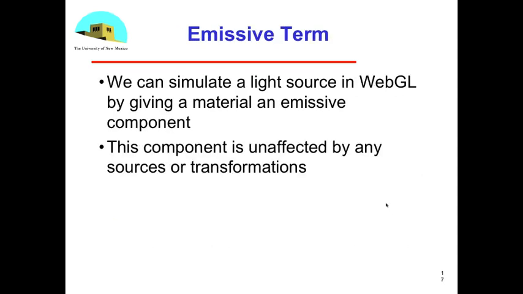Okay, we haven't said anything yet about emission. You can add an emissive term. The way it's done in WebGL is, when people were doing scenes of rooms, they would say, what if there's a fluorescent light in that room? What do I do with it? One way to think of it is you treat it like any other geometric object.